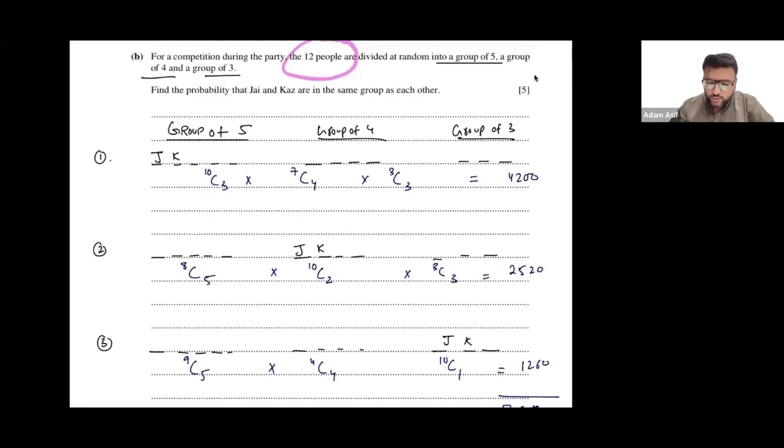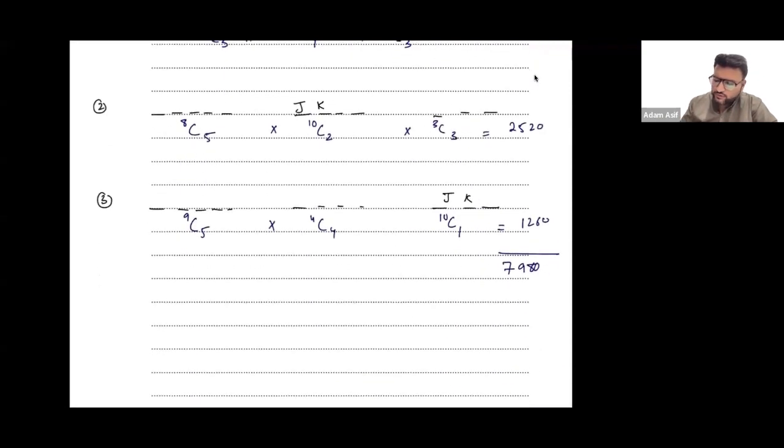Okay, but we need to find the probability. So to find the probability, we are going to divide it by the total outcome. So 7980 divided by the total number of ways of arranging the 3 groups. Now, if there wasn't any restriction, then out of the 12 people, any 5 people can go in the group of 5. Then out of the remaining 7 people, 4 people can go in the group of 4. And out of the remaining 3, all 3 will go in the group of 3.